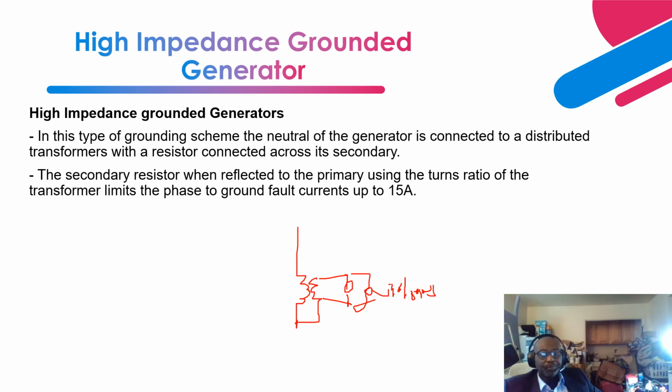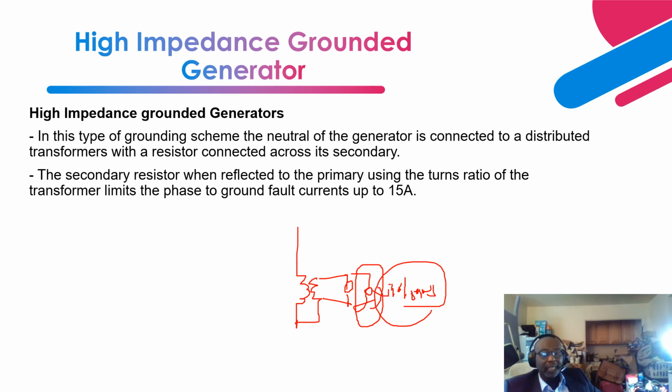Because of the high impedance, the amount of fault current that flows is very small. That is why a resistor is connected across here to amplify the voltage, so that the voltage protection relay can identify the fault, pick up, and trip the generator.